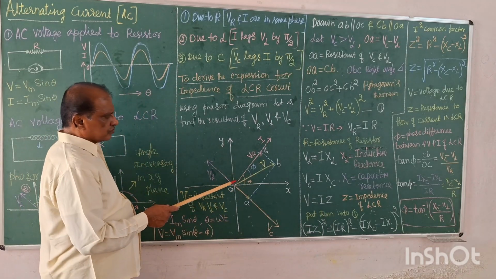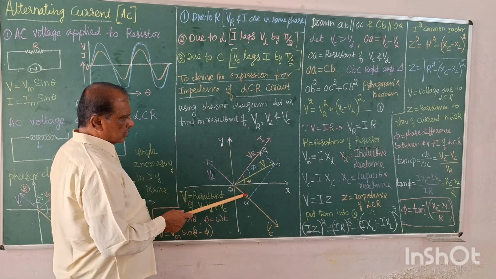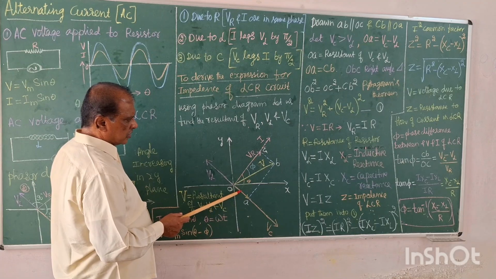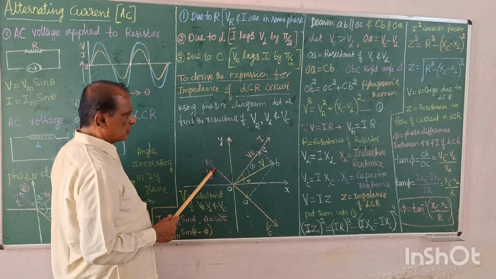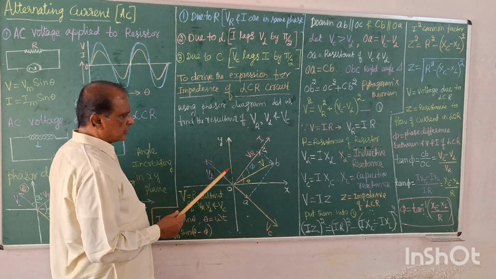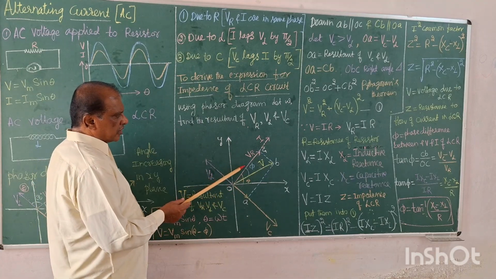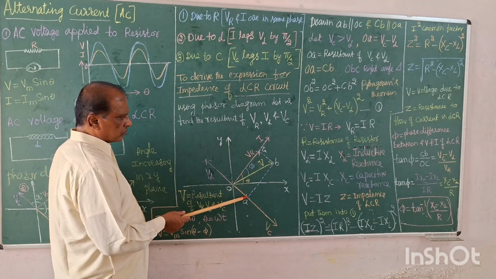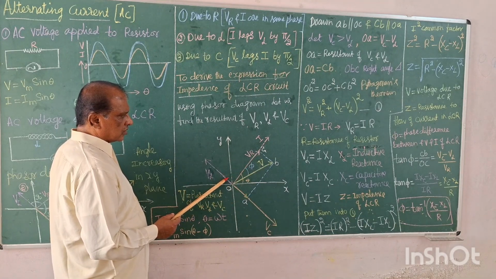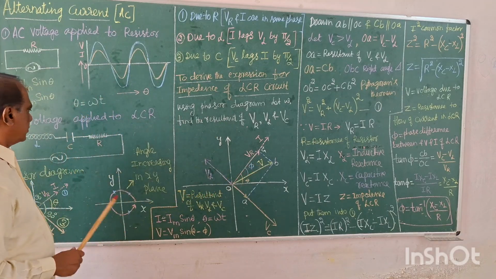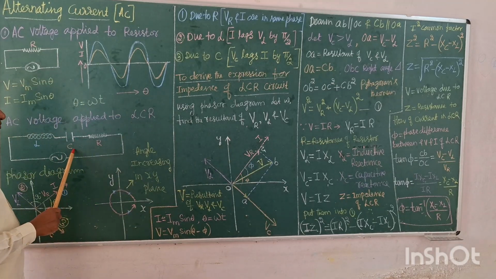In this diagram, just concentrate on these voltage vectors. There are three vectors directed in three different directions. We are finding the resultant of all these vectors, which is the voltage of this LCR.